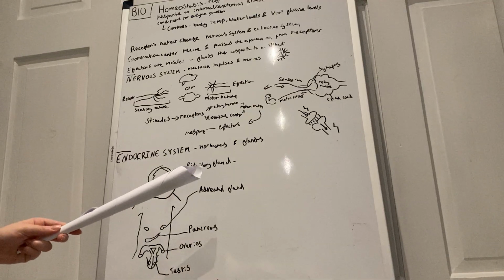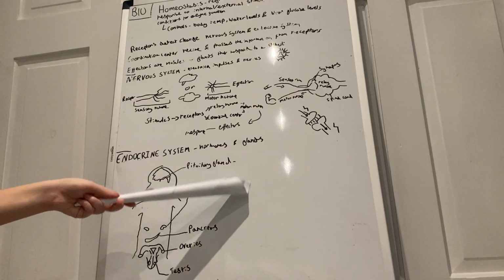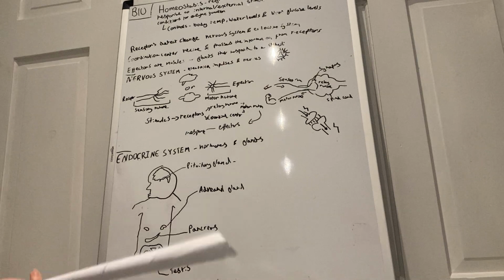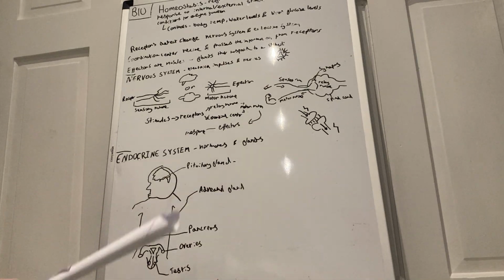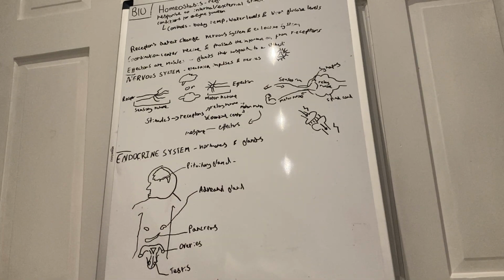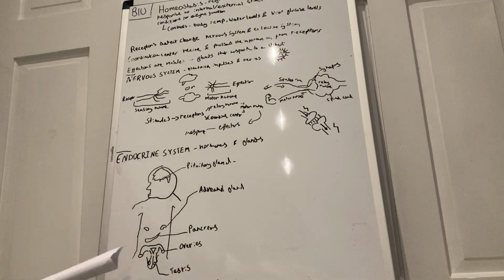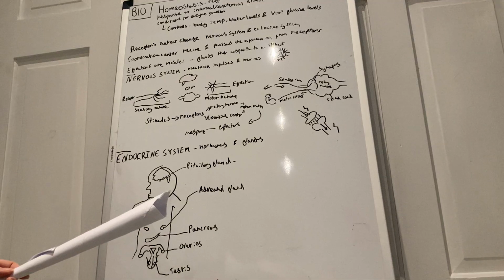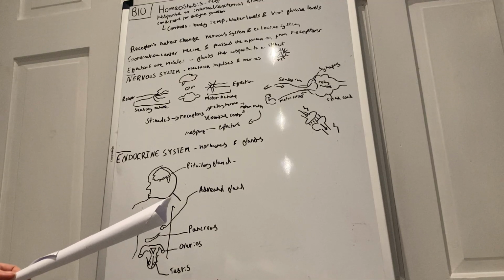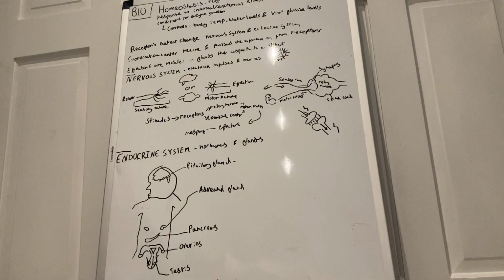It stimulates the thyroid gland to make thyroxine to control the rate of metabolism. In women, it stimulates the ovaries to produce and release eggs and make the female sex hormone estrogen. In men, it stimulates the testes right down here to make sperm and the male sex hormone testosterone, right?